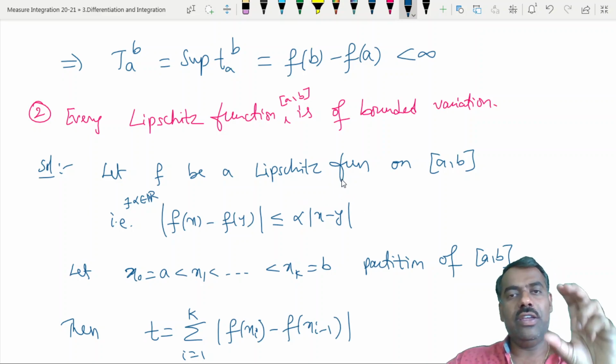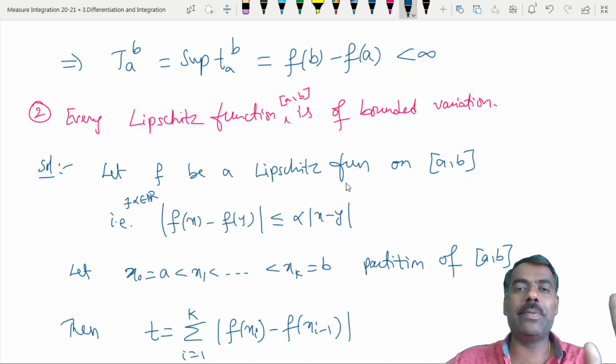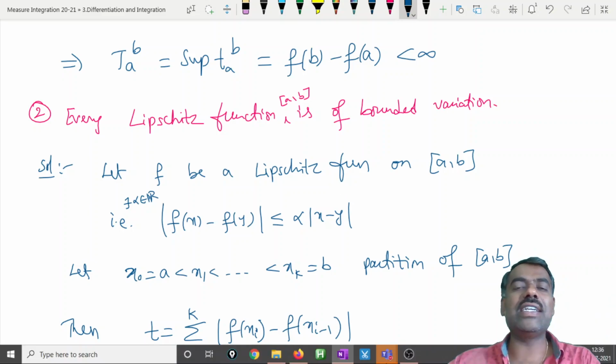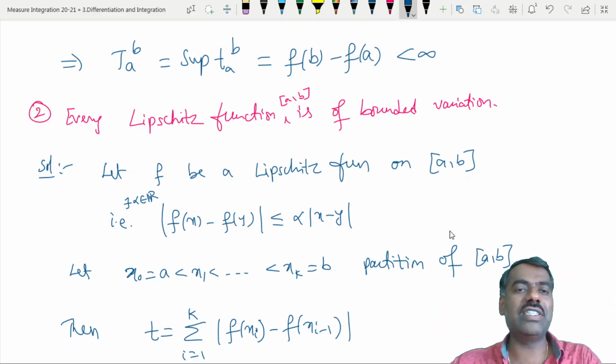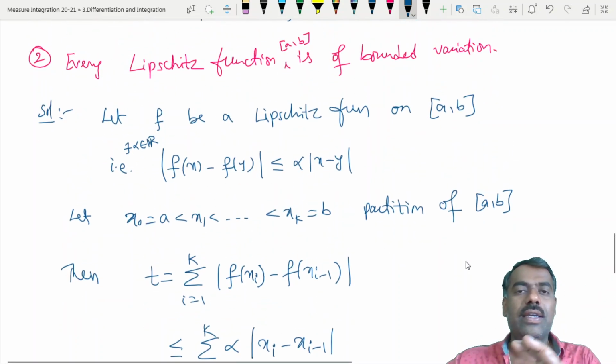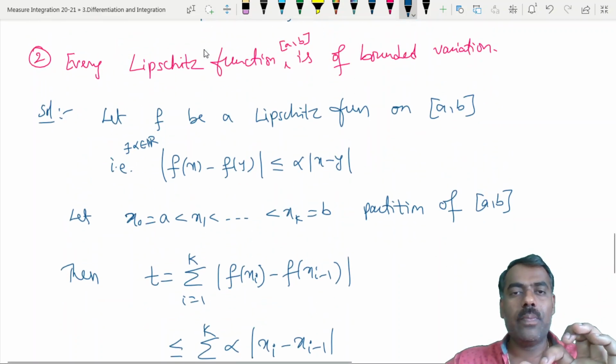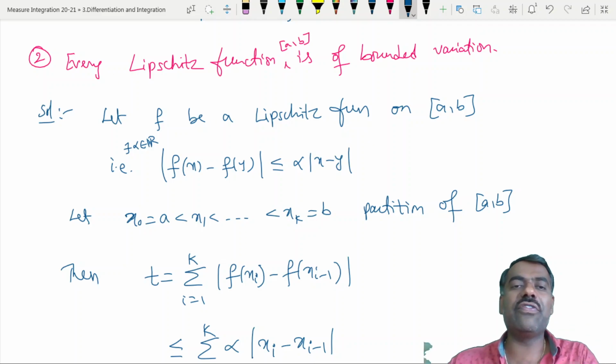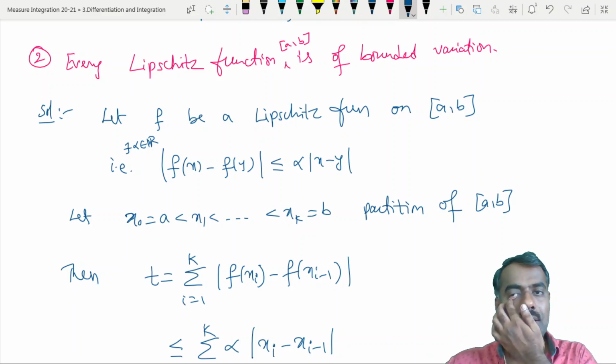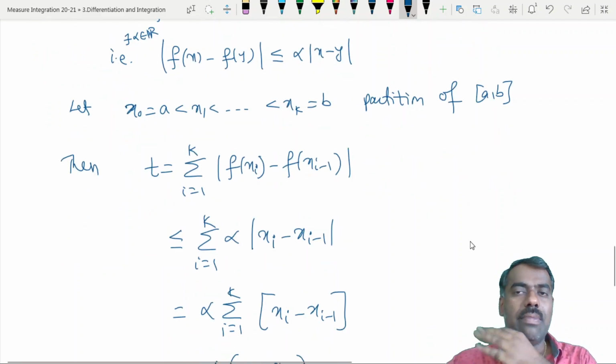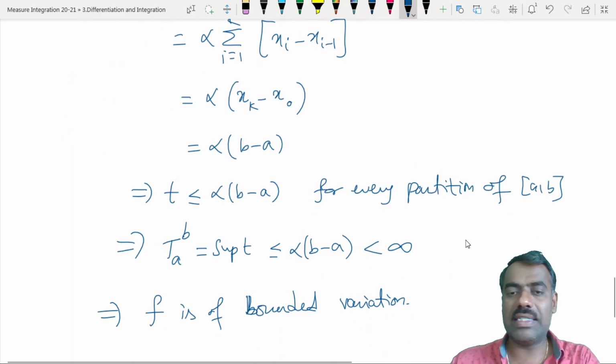Therefore, if a given function is differentiable, then we can say that it is of bounded variation. Are you following what I am saying? By using this, we know that every differentiable function is Lipschitz, so every differentiable function is of bounded variation. But the converse is not necessarily true: it is not true if the function is just continuous.